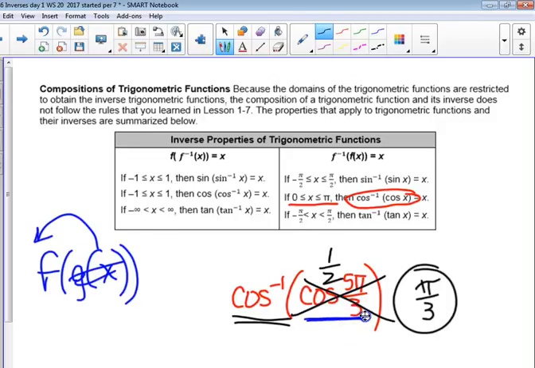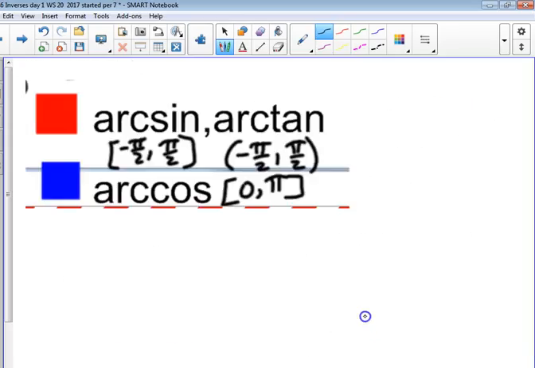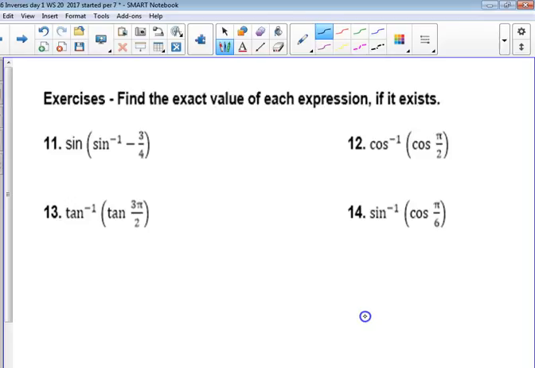So I always just do the problem. So what in the world am I talking about? Well, let's try this question. I'm going to skip 11 for a minute. Look at number 12. Start from the inside. It says, what is the regular old cosine value of pi/2? So I go to pi/2 and give me the x coordinate, which is 0.